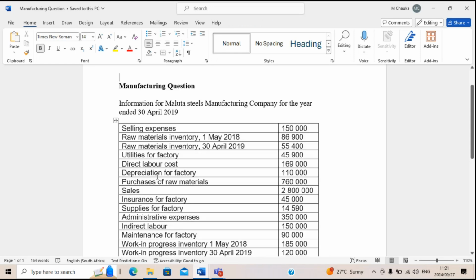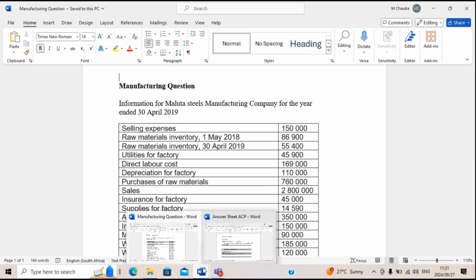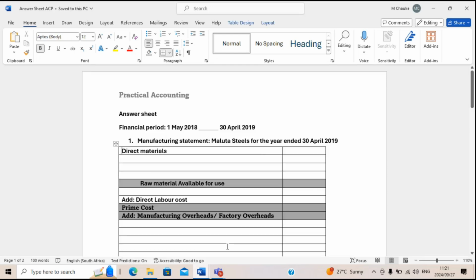So we are given information from Maluta Steels Manufacturing Company for the year ended 30 April 2019. So I want us to go to the answer sheet and outline the first thing that we need to calculate in the manufacturing statement. Number one, you must outline the period, right?